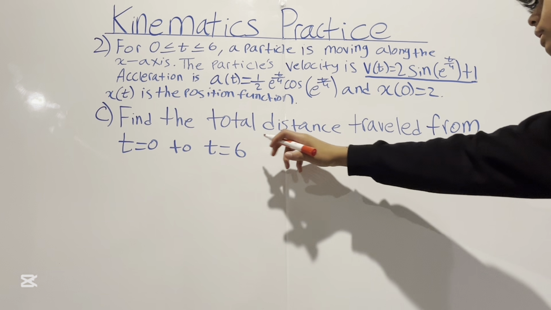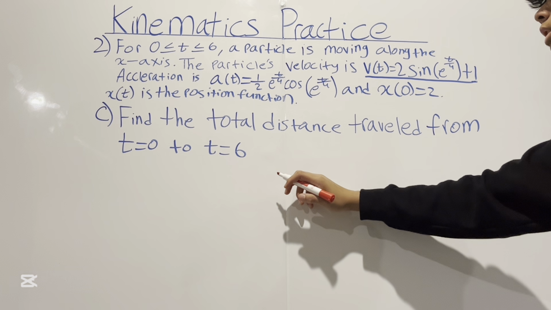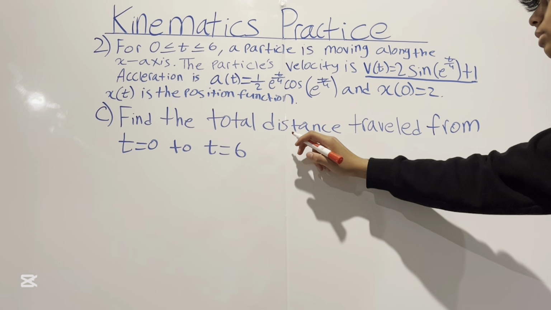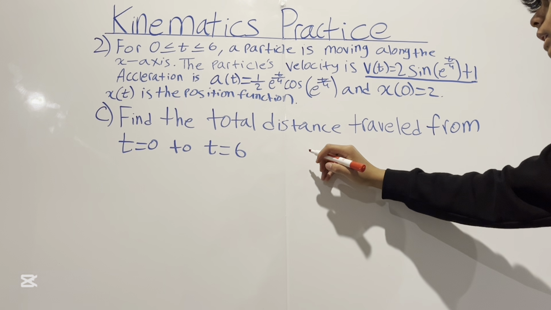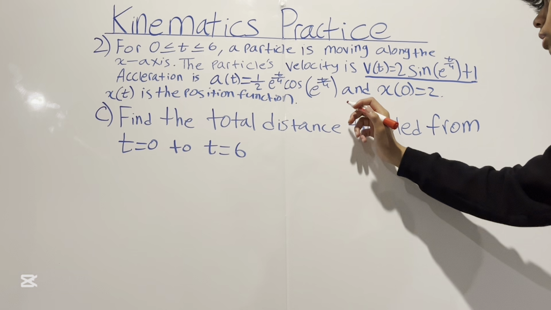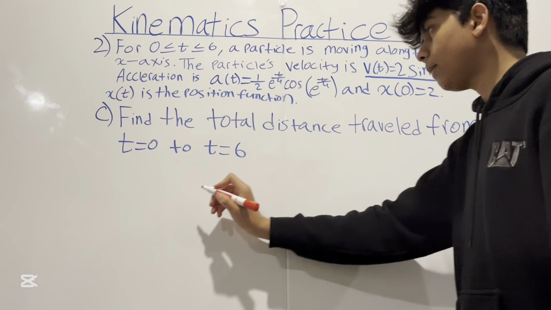2c, we have find the total distance traveled from t equals 0 to t equals 6. In part B, we found the total displacement. So the only difference between displacement and distance is the absolute value of v of t. So we're going to do the exact same thing.